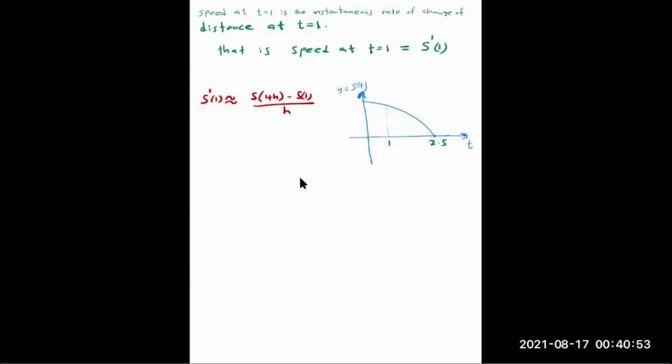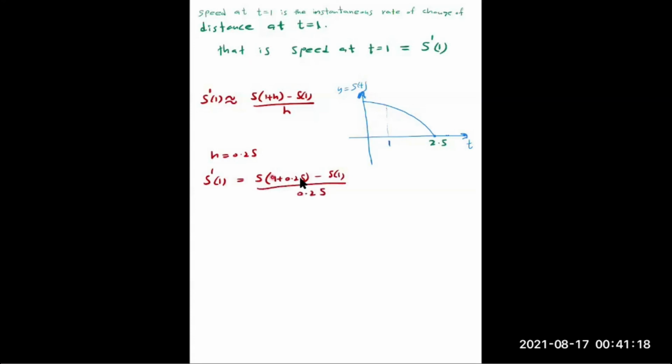Well, we can try several values. I'll take my h to be 0.25. Then you get s of 1 plus 0.25 minus s of 1, divided by 0.25.